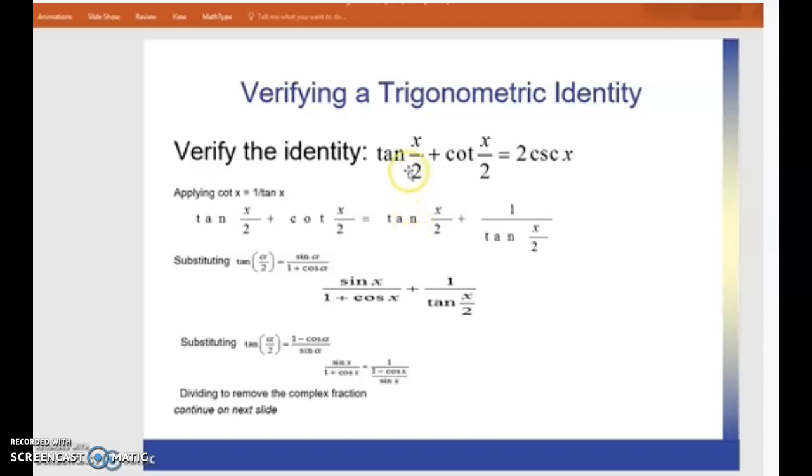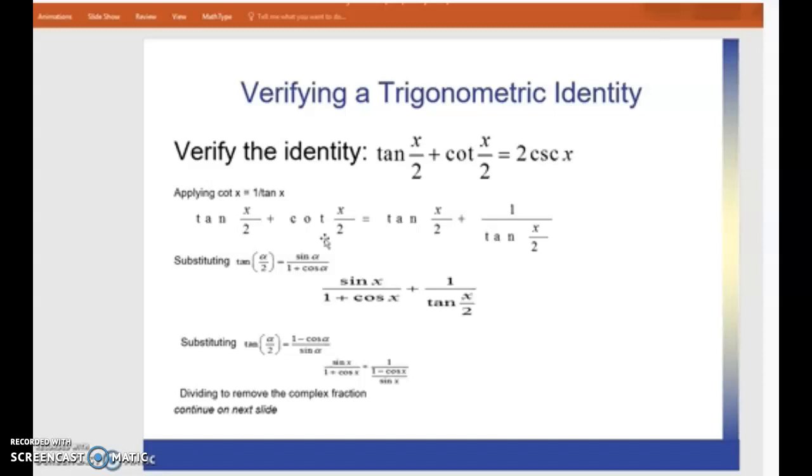So we're asked to verify the tangent of x over 2 plus the cotangent of x over 2 equals 2 times the cosecant of x. To begin this, we can substitute for the cotangent of x one of its definitions, which is 1 over the tangent of x. So we're working with the more complicated side of the original identity.